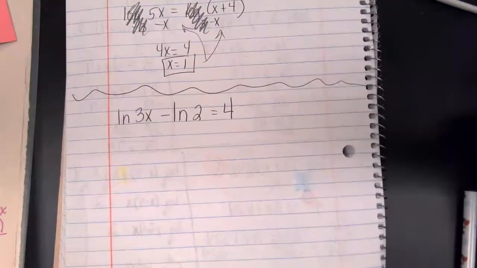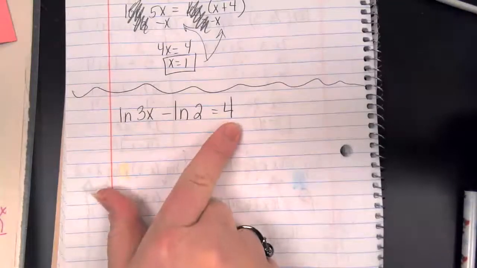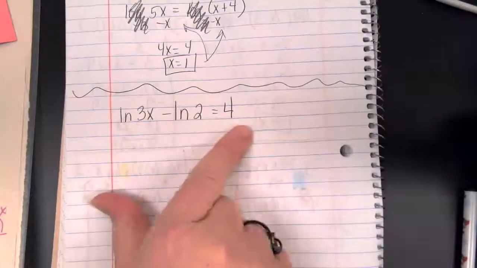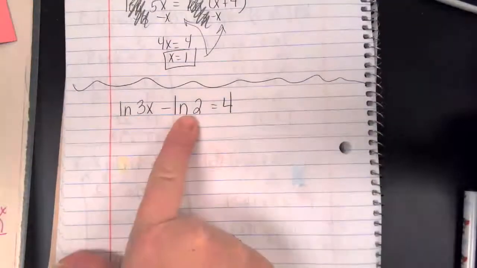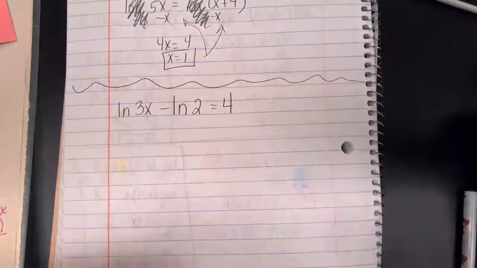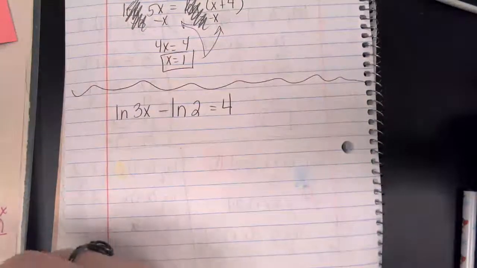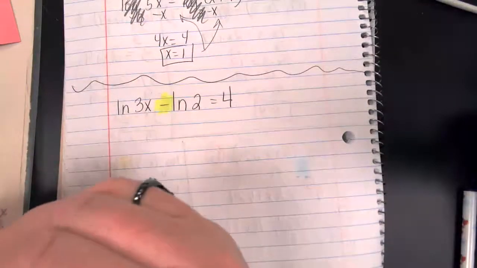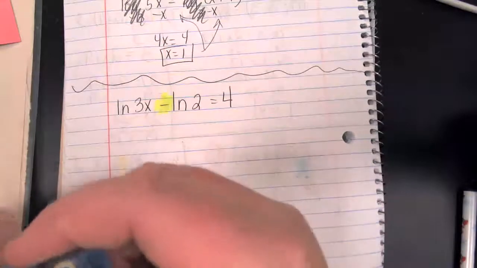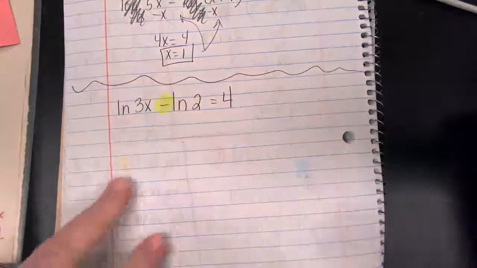Okay. All right, how about this one? Okay, can I just cross everything out? No, because there's not natural logs all the way across. Okay, well, there's a natural log here, natural. Does this minus mean something different? Means I can't use that highlighter. Okay, that minus, actually, it's not a product, it's actually a quotient.